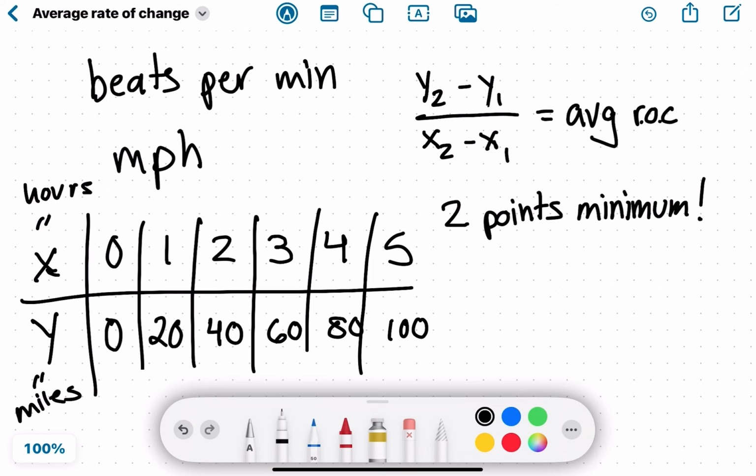I wouldn't advise you to do that as you were driving. Hopefully you were a passenger and you did that. So anyway, we want to figure out how many miles this car traveled per hour. Now, you would take these pairs, right? You could turn these into x and y pairs.